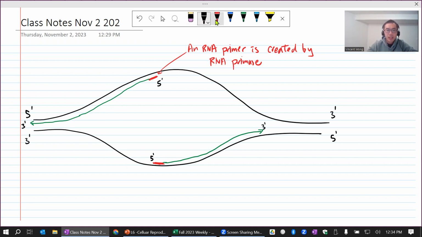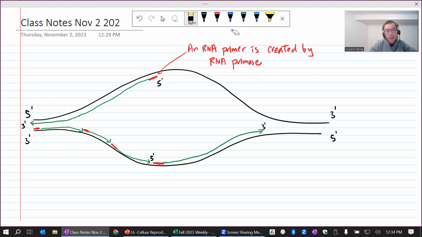And then as helicase opens more of the bubble, you're going to need another primer here, and then polymerase 3 will be able to go this way. Then there's another primer here, and it's going to go this way. Same thing here: you're going to have a primer, and then you're going to be able to go this way.